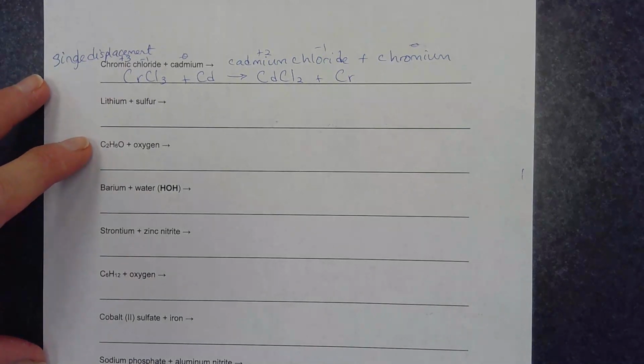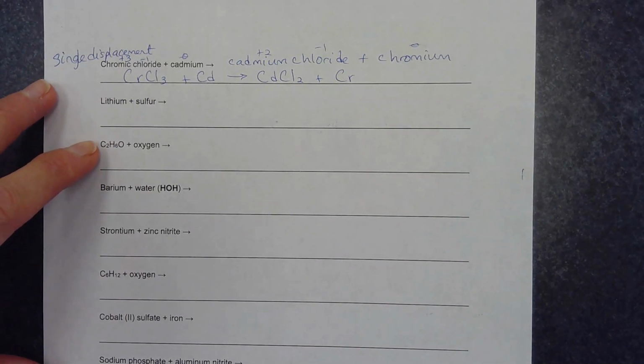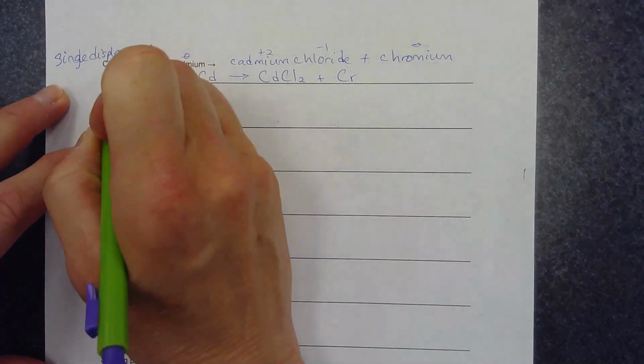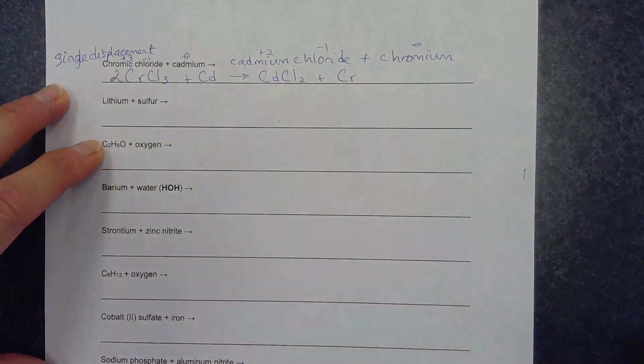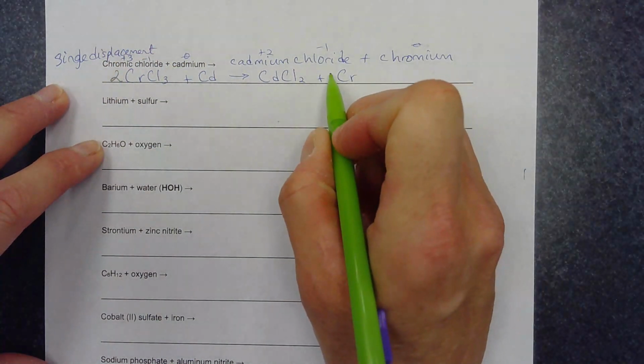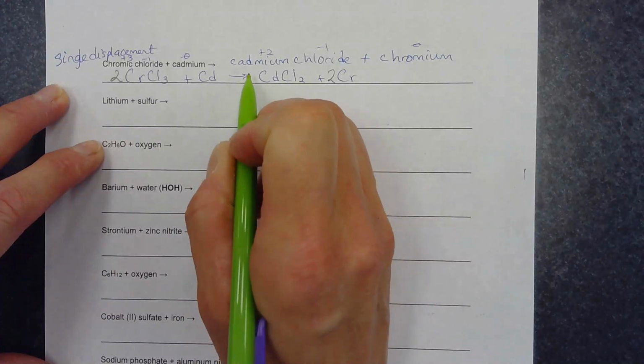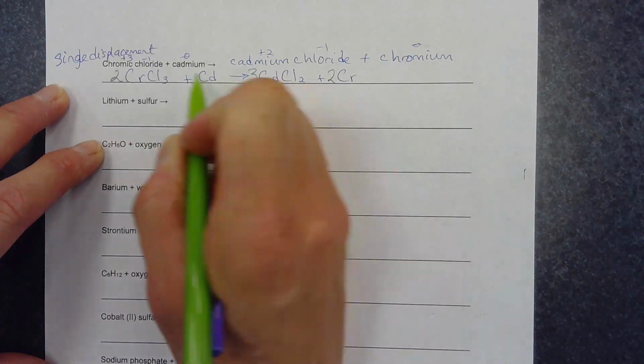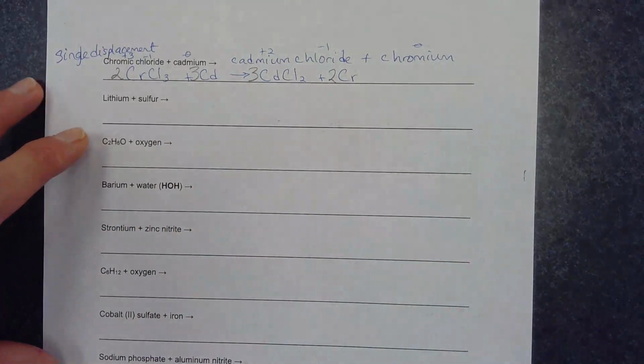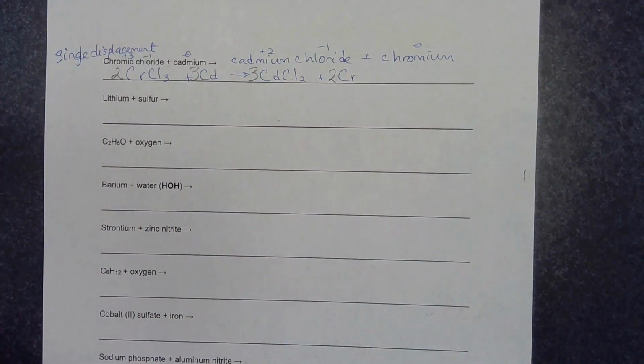All right, what do you put in front of CrCl3? 2, good. And what do you put in front of Cr here? 2. What do you put in front of this Cd? A 3, good, and a 3 here, good. So you remembered what to do when you had 3 on one side and 2 on the other, good. Very good. All right, the next one is what type?